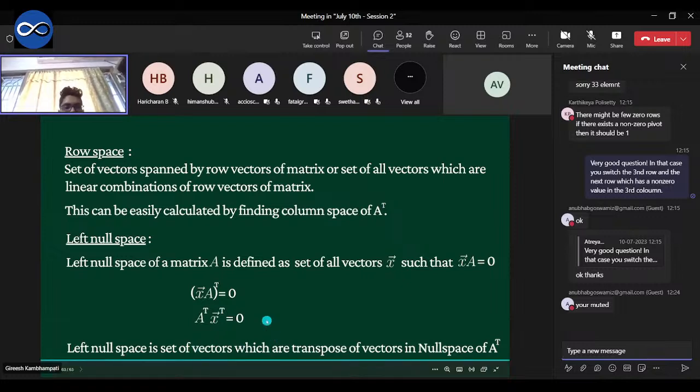There is no confusion here, because x bar transpose whole transpose is equal to x bar, since transposing two times means we are mirroring two times, so we get the same matrix again. So left null space of A is the set of vectors which are transposes of vectors in the null space of A transpose. Today's session is completed.